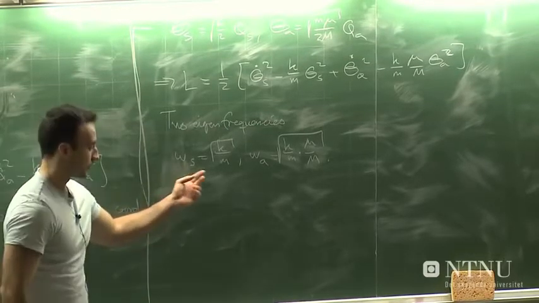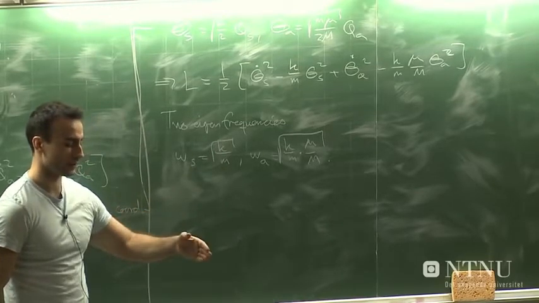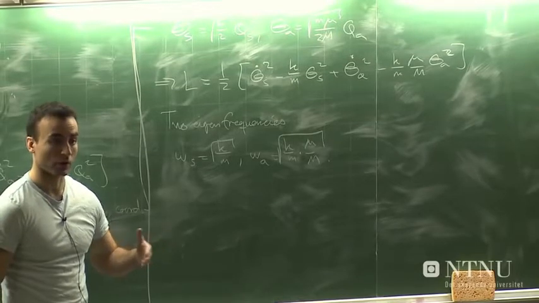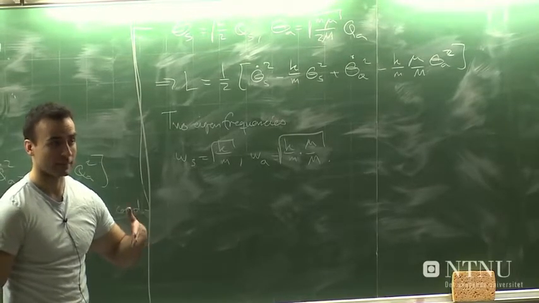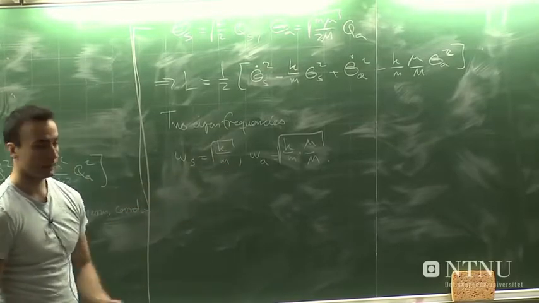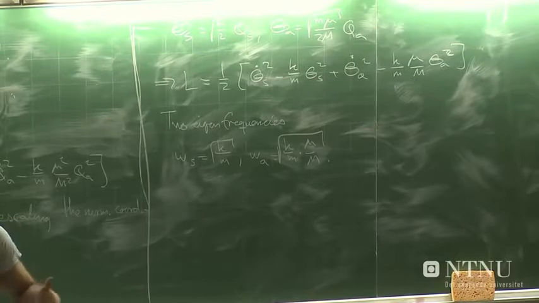So we see that one of the eigenfrequencies corresponds to, or seems to correspond to, simply oscillation of one oxygen atom with respect to the carbon atom, as if the carbon atom was at rest. It's just k over m. So it's like the carbon atom is at rest, the oxygen molecule is oscillating.